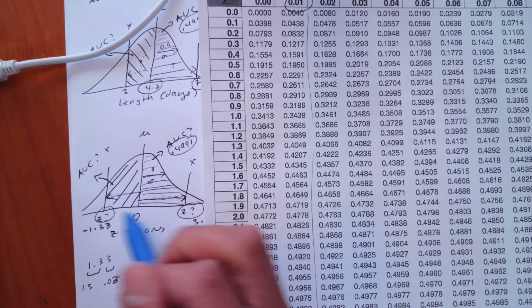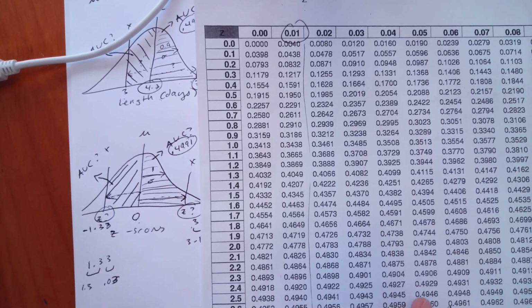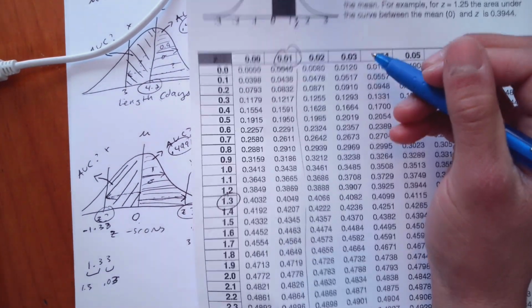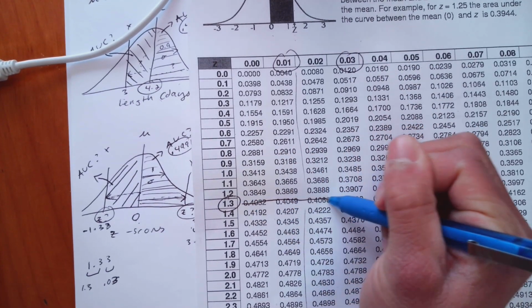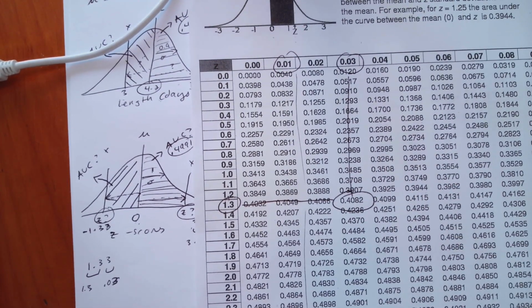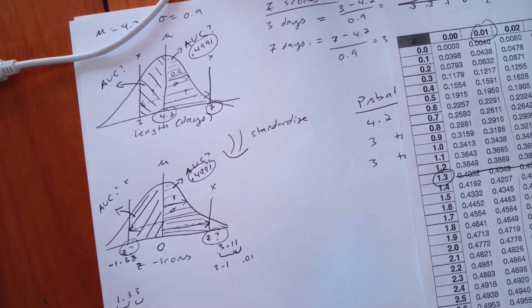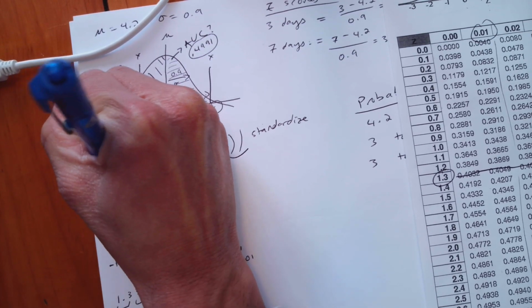So to find this area under the curve on the standard normal distribution that we're interested in, we're going to go down to 1.3 and over to 0.03 and see where these numbers intersect. And they intersect at a value of 0.4082. So this tells me that my area under the curve with diagonal lines is 0.4082.